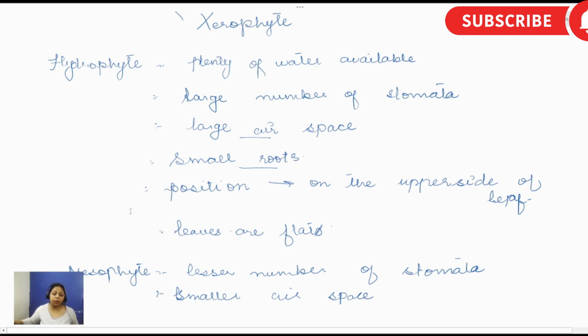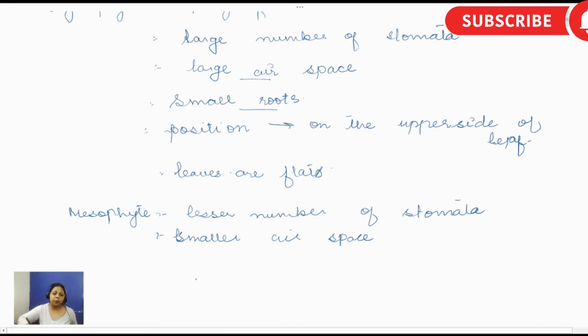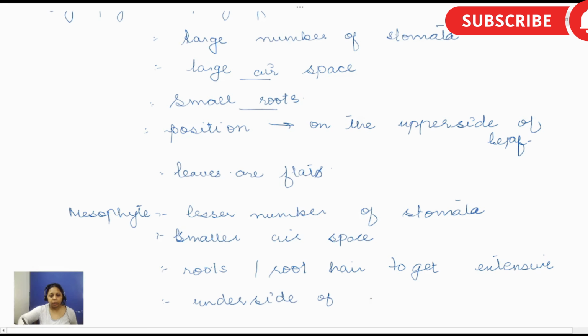The roots are spread around, they have roots and root hair cells to get water from the surroundings, or you can say the roots are extensive. And the position of stomata is on the underside of the leaf in the lower epidermis. Are you listening to me? It's in the lower epidermis.